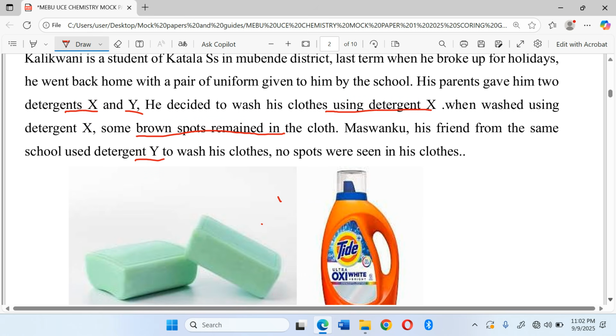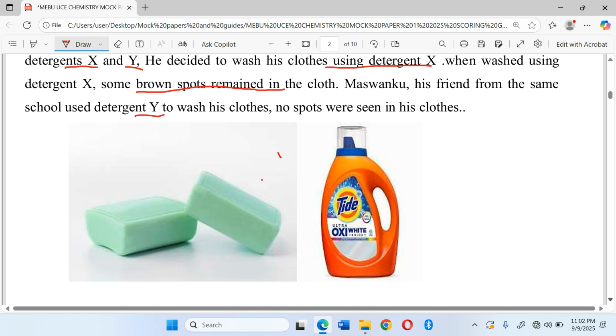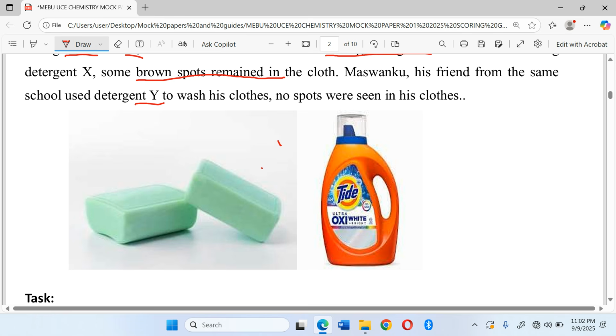Let's continue. In our support material, we have this bar soap, and then we have this one in liquid form. In simple terms, we can see a kind of detergent here which is different from this kind of detergent. You can see that the 2 boys, Maswanku and Karikwan, used different detergents, and the way they worked was also different.